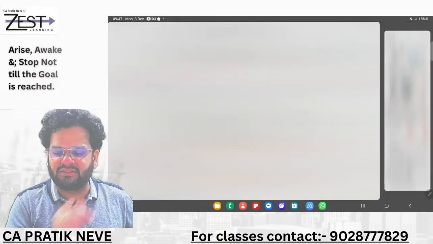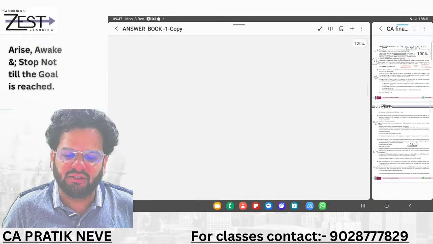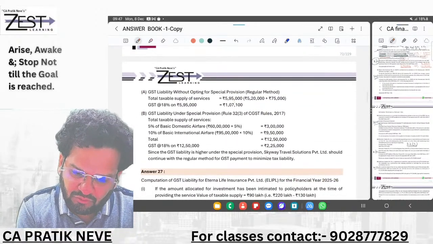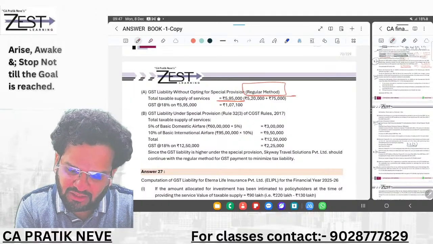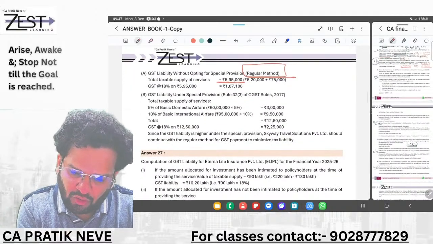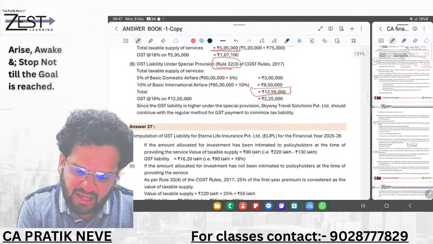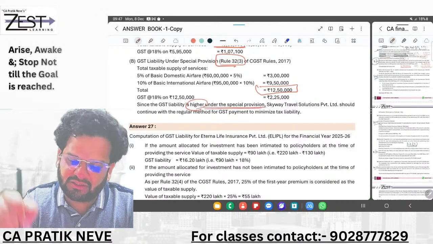Here it is not favorable to follow 32(3) because the value is increasing. 5,95,000 was the value when you were following the regular method, and when you follow 32(3) it is 12,50,000. So GST liability is higher under the special provision in this case.